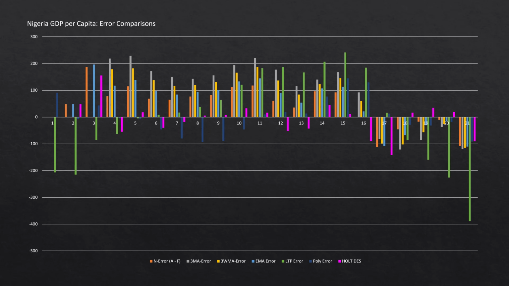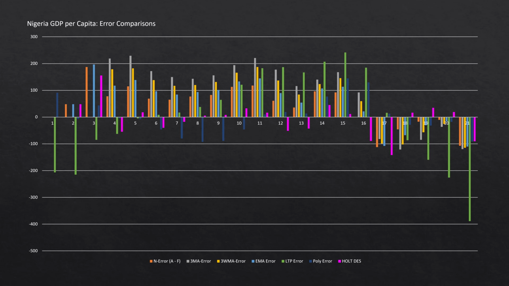So here we have all of the errors for all of the forecast methods we have learned up to this point. We have the naive forecast, the 3-period simple, 3-period weighted, exponential moving average, linear trend projection, quadratic trend projection, and then the Holt DES there in the hot pink. We can see the Holt DES errors are very, very small compared to especially the first 5 methods.